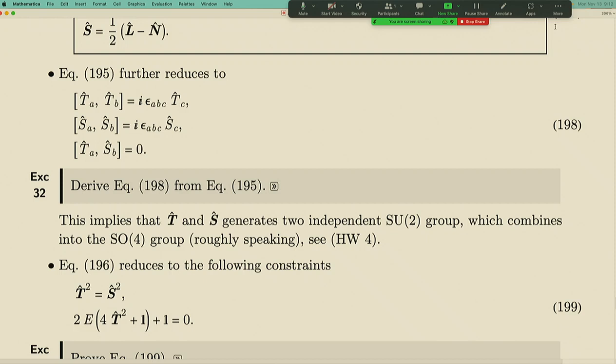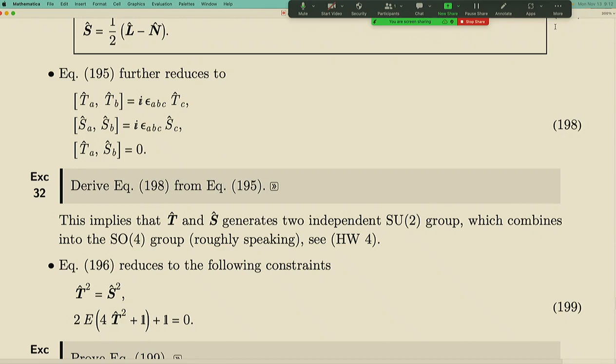And then these T and S are exactly the T and S we encountered in homework 4, where we show that when we talk about SO4 rotation, which corresponds to a rotation in a 4-dimensional real space, SO4 is any rotation that preserves the length of a real vector in a 4-dimensional space. That rotation can always be generated by 4x4 matrices that are purely imaginary and anti-symmetric.